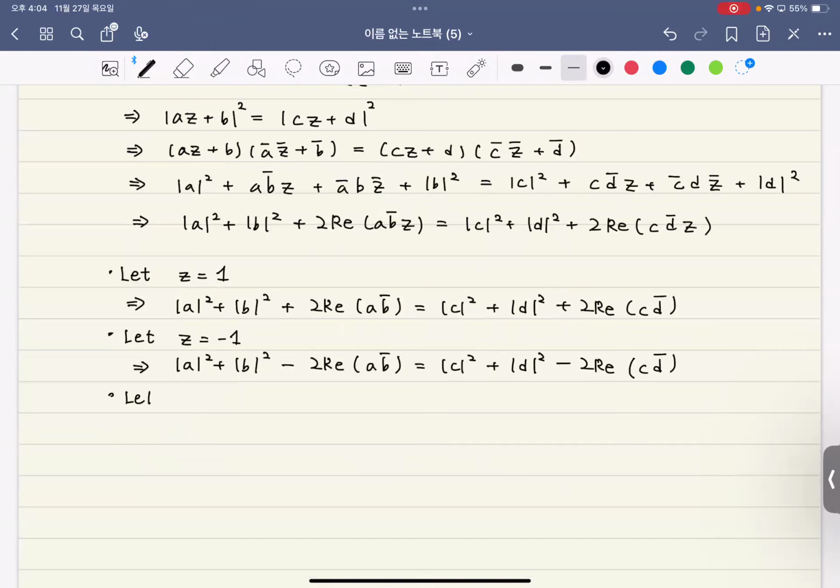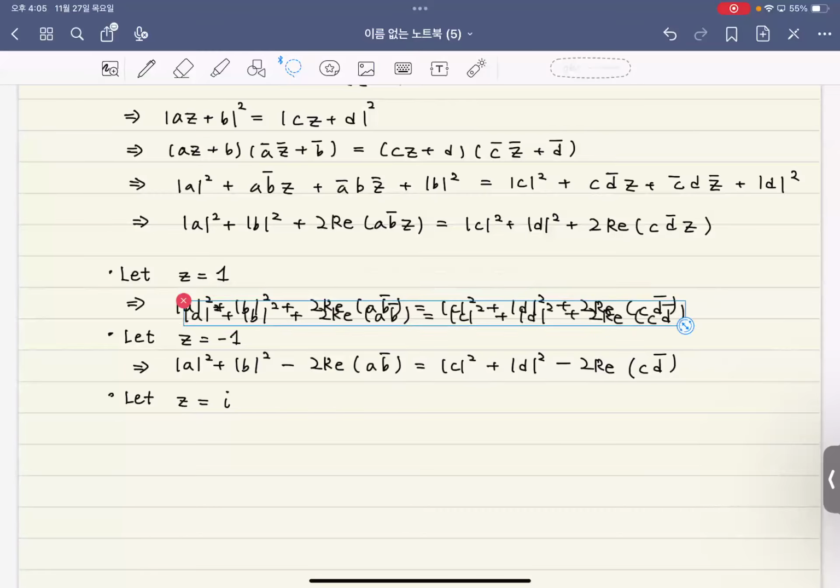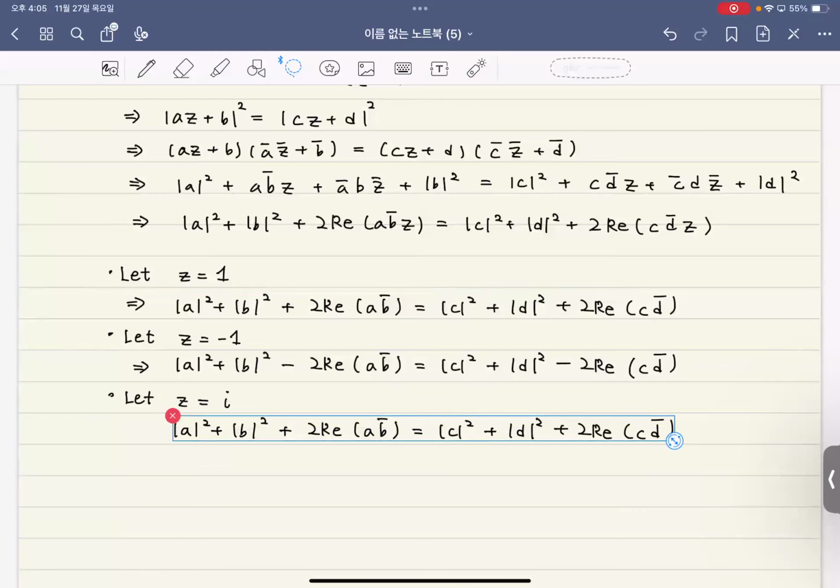Finally, let me say Z equals i. Then I need to put one additional tiny imaginary unit i here and there.